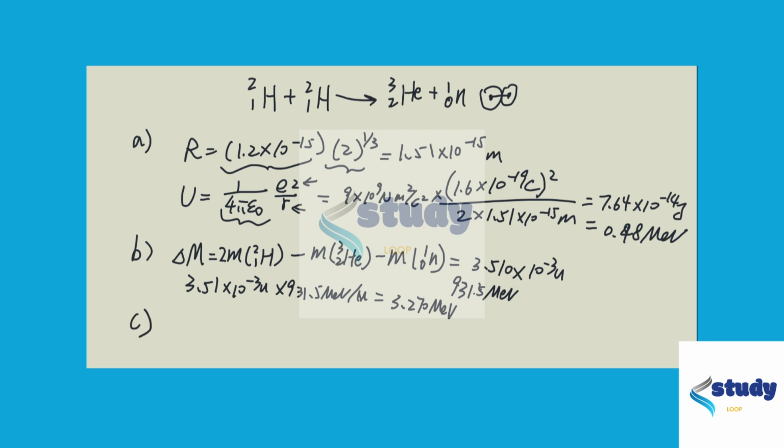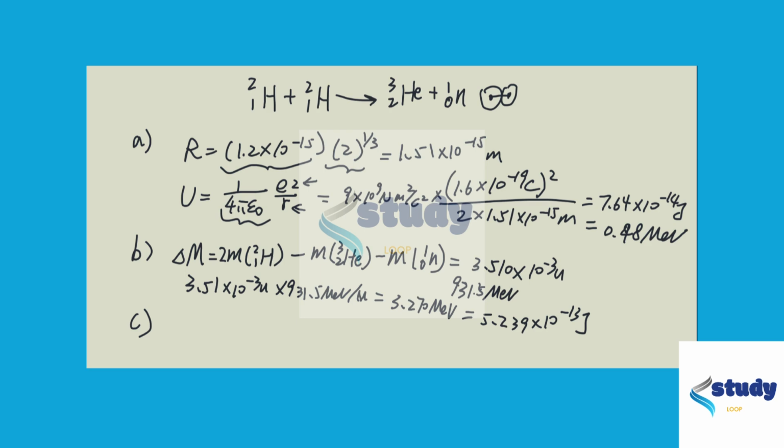So that is for part B, and it also asks us to compute this in joules. If we convert MeV to joules, we find that 3.270 MeV is equivalent to 5.239 times 10 to the negative 13 joule.